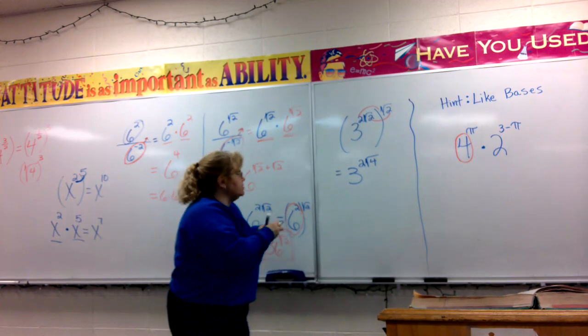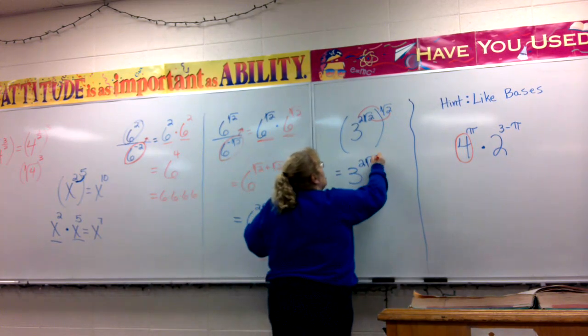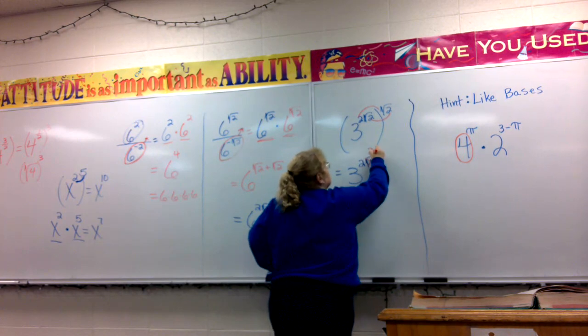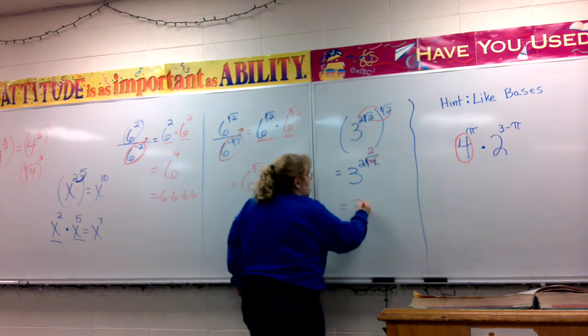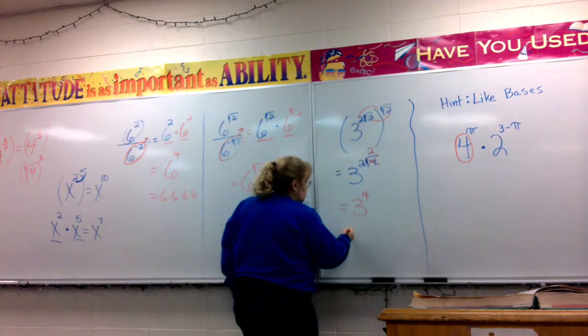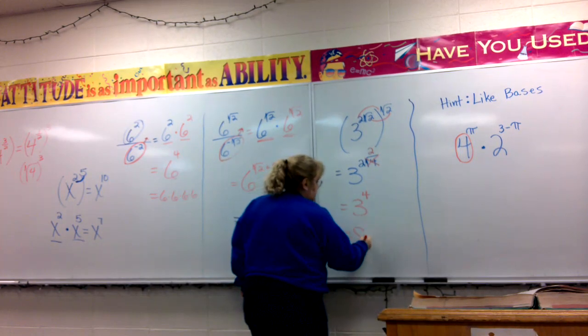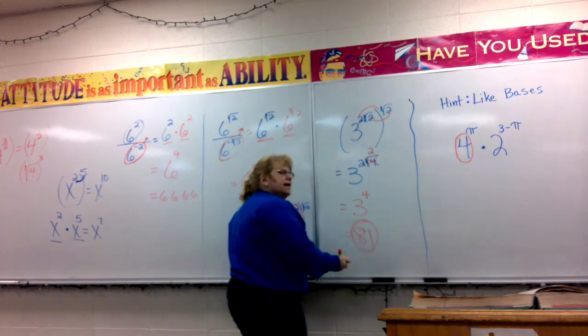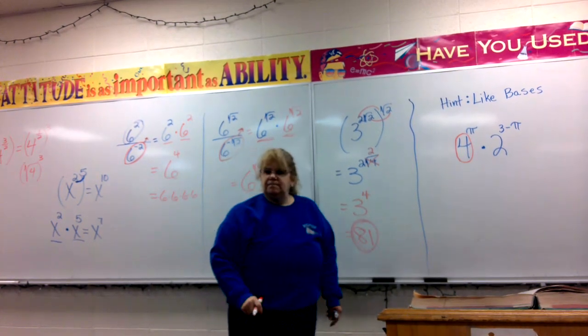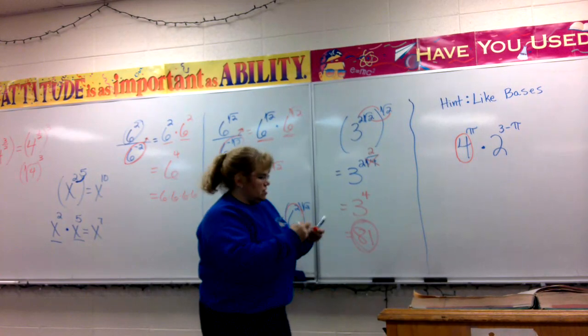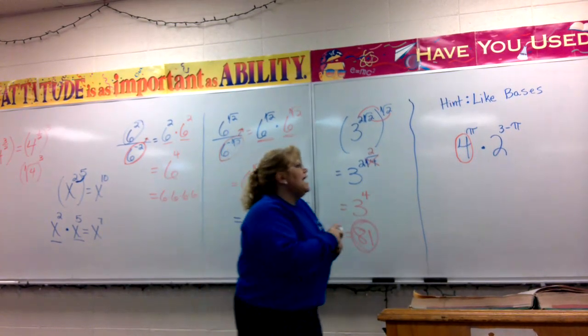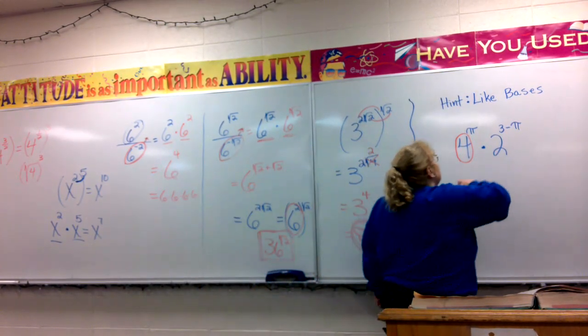What is root 4? 2. So 2 times 2? 4. Right. What is 3 to the 4? It's 81. I even gave you a hint. Like bases.